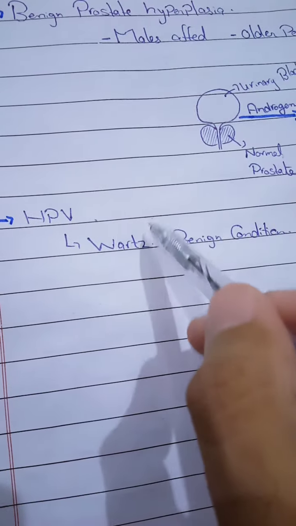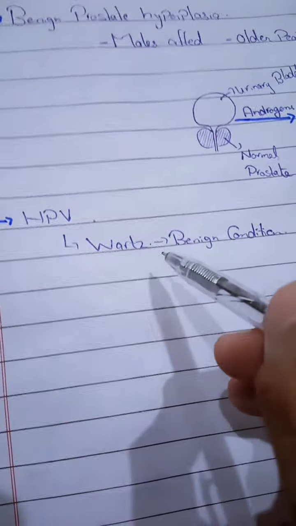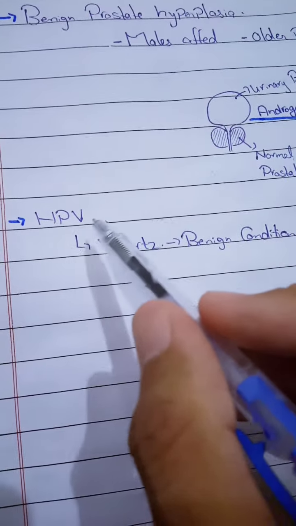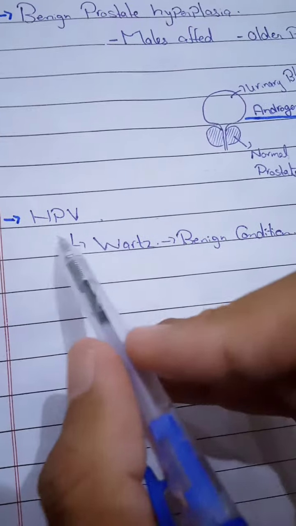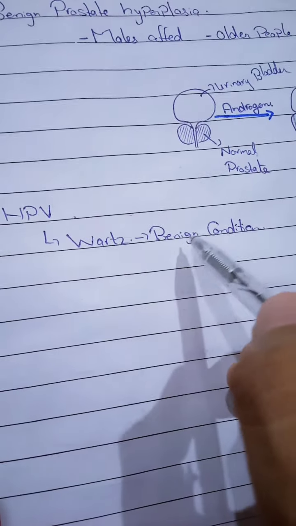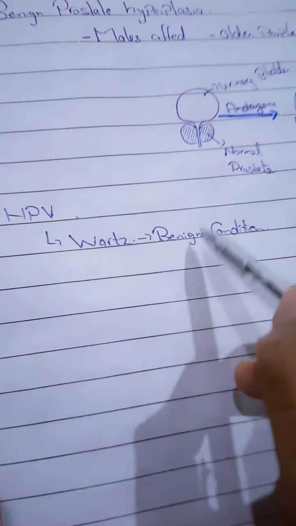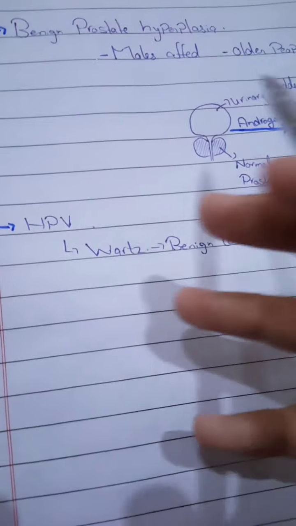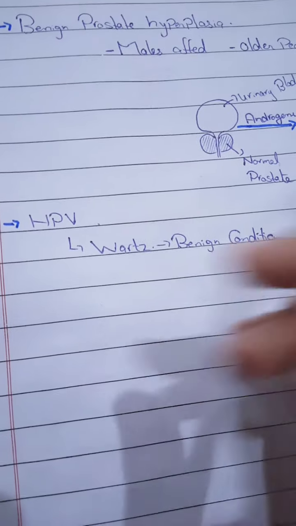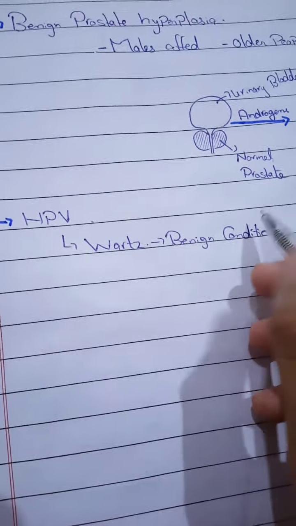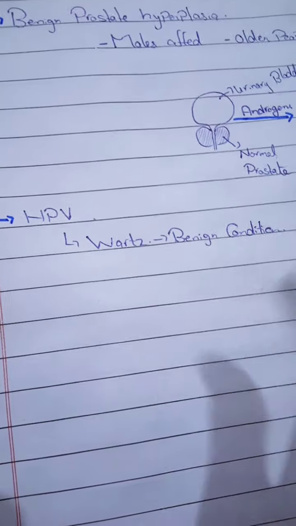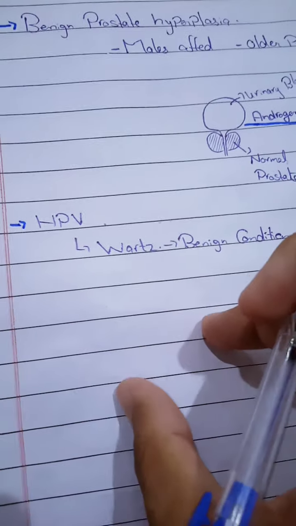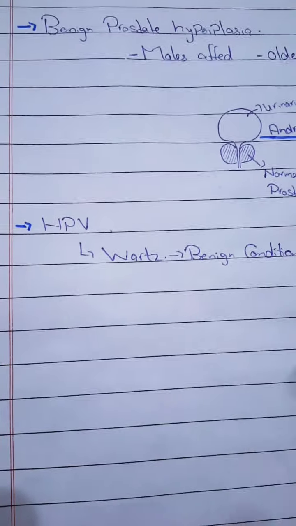So warts occur in many areas of the body. This is due to the human papilloma virus, which is transmitted by sexual contact, and it is a benign condition. It is not a malignant condition. It cannot spread from one area of the body to another area of the body. It is only benign. You know that benign is that condition which is located in one area and does not spread.